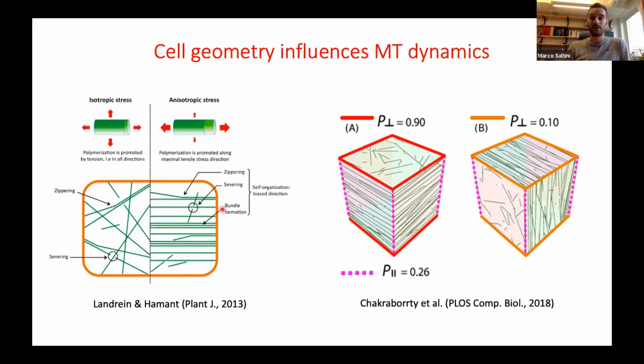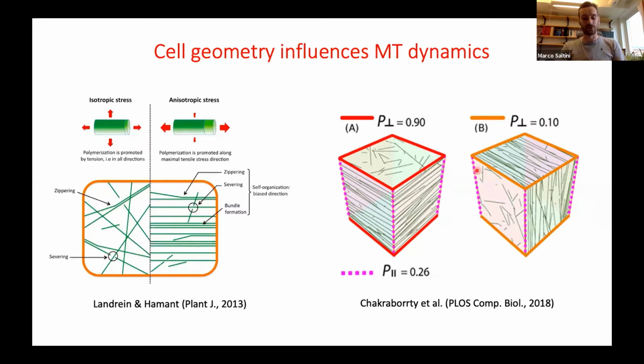At the same time, a more recent computational study from Banerjee and Chakraborty has revealed that as soon as you add little cues to microtubule dynamics in one direction or another, like little asymmetries, which can be, for example, dependent on catastrophe induced at sharp cell edges, we can select a preferential alignment for the cortical array with respect to another alignment.